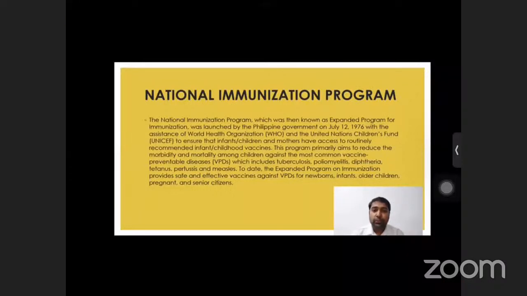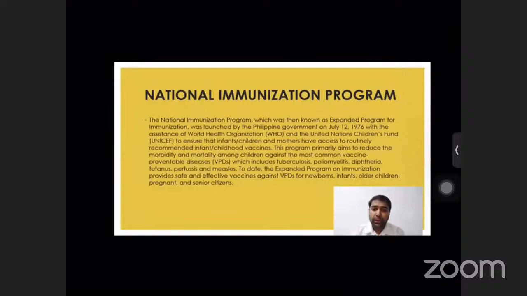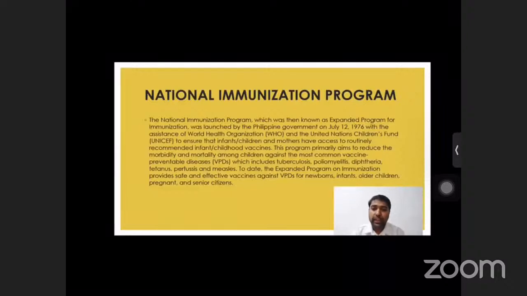This program primarily aims to reduce the morbidity and mortality among children against the most common vaccine-preventable diseases, which include tuberculosis, poliomyelitis, diphtheria, tetanus, pertussis, and measles. To date, the Expanded Program on Immunization provides safe and effective vaccines against vaccine-preventable diseases for newborns, infants, older children, pregnant women, and senior citizens.